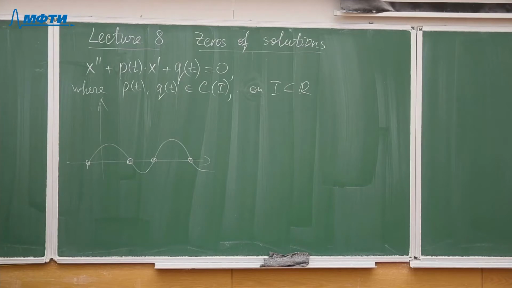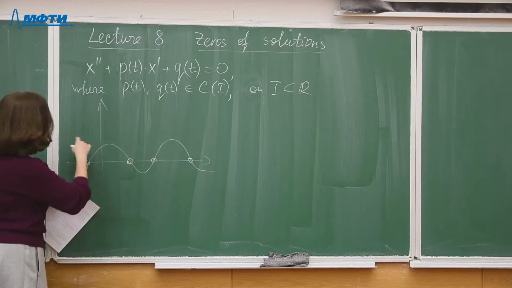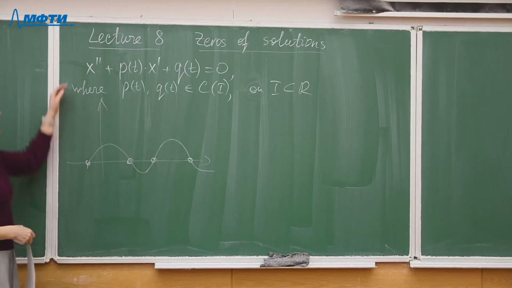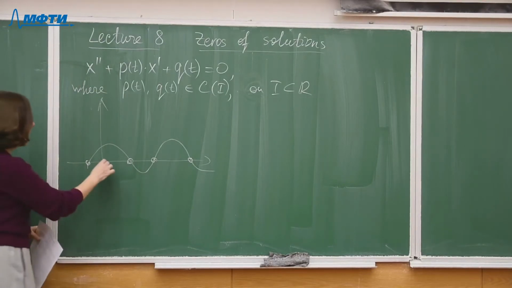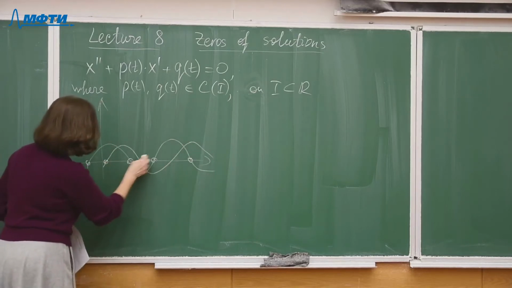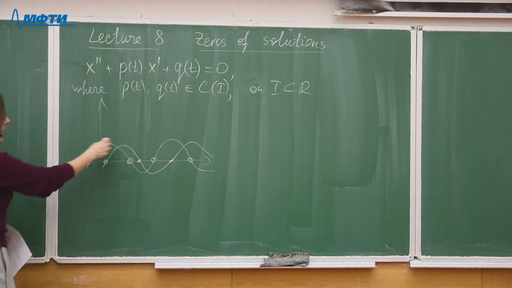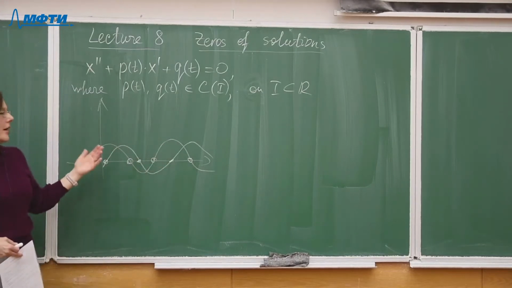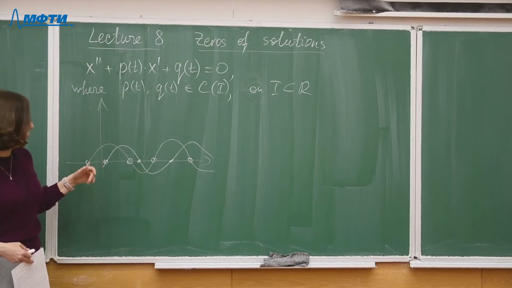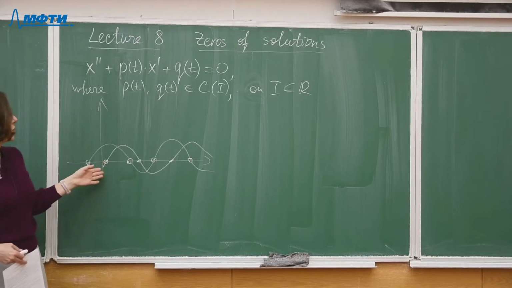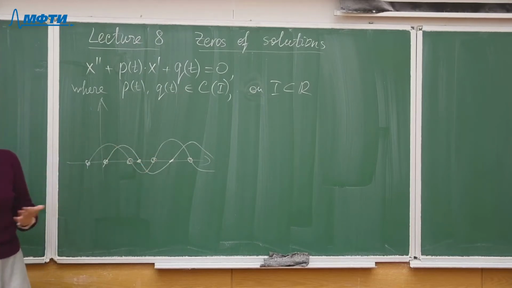And if we have time, we will speak about the fact that if we have two different, linearly independent solutions of the same equation, then zeros of these solutions will alternate. So if we have obtained an oscillation of one solution, we will know that any other solution will oscillate in the same way.